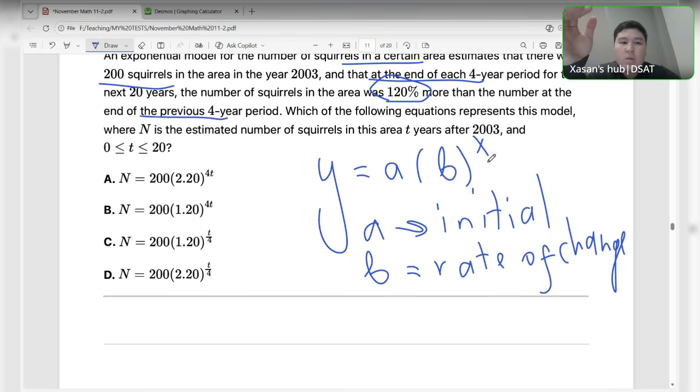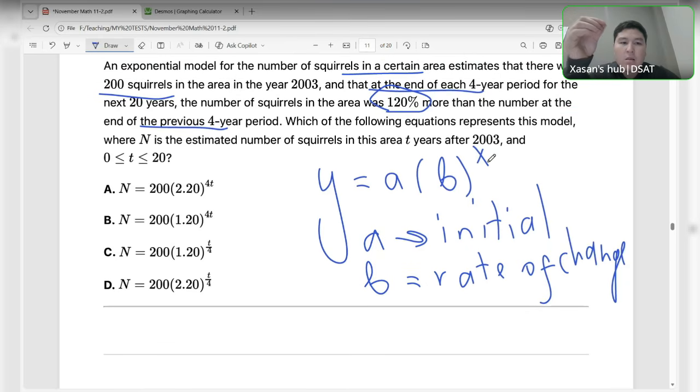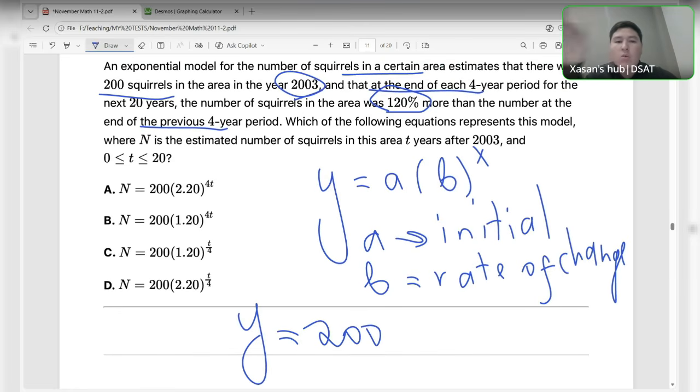Here the initial number is 200, so y equals 200, and it is 120% more, every 4-year period it is increasing by 120%. So don't forget, you always have 1 plus 120 divided by 100. 1 is the original and you're adding 120 to this.